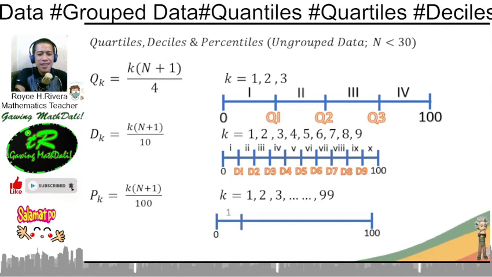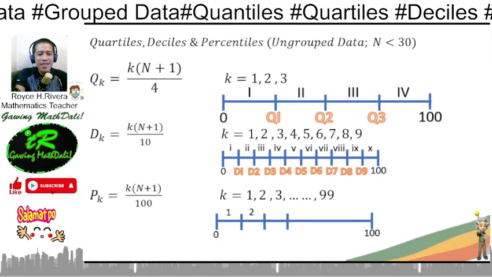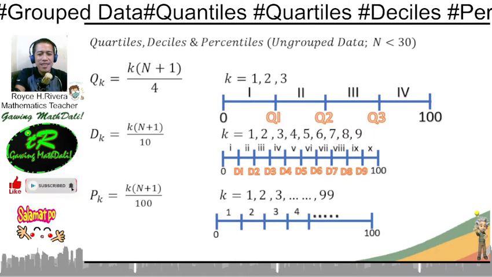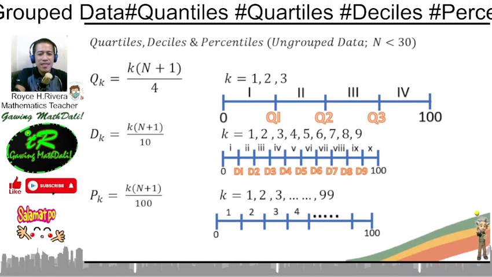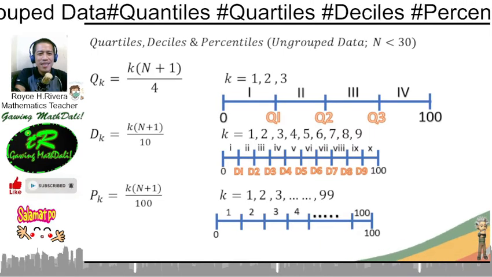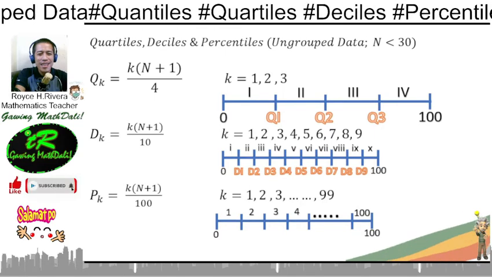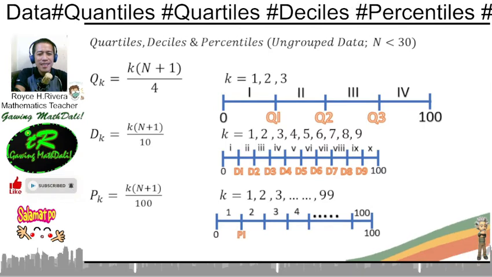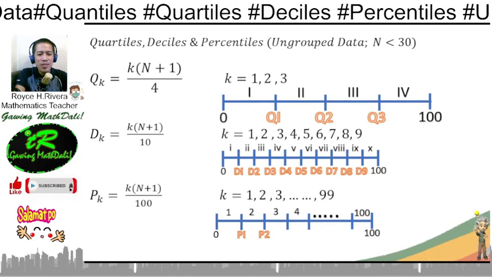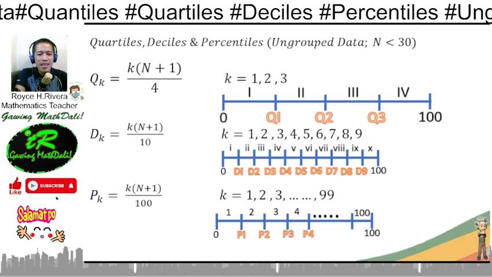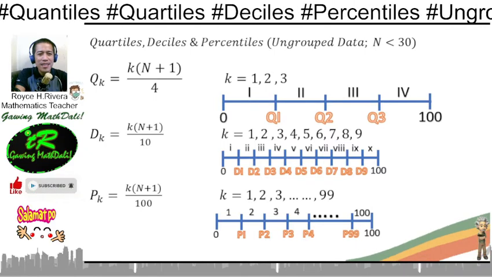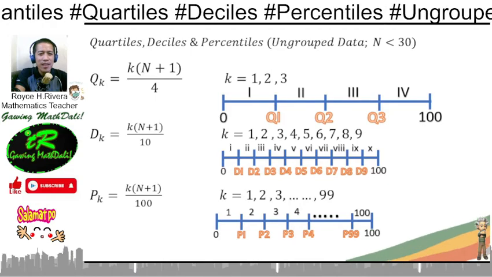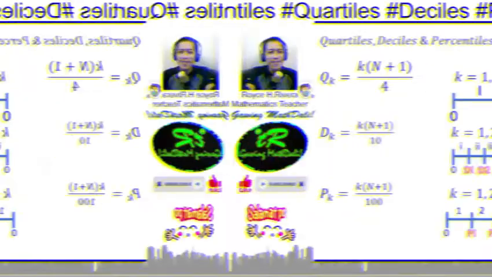Percentiles divide the number line into 100 equal parts, and each part is equal to 1%. Percentile 1, 2, 3, 4 up to percentile 99 divide the number line into 100 equal parts.